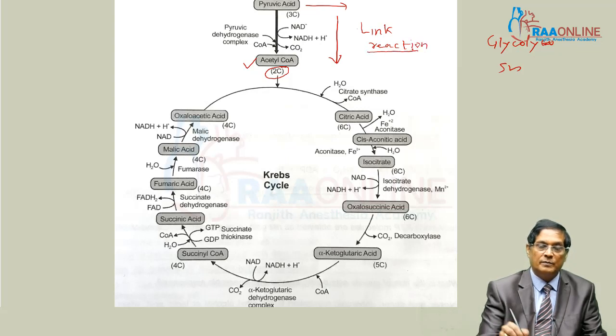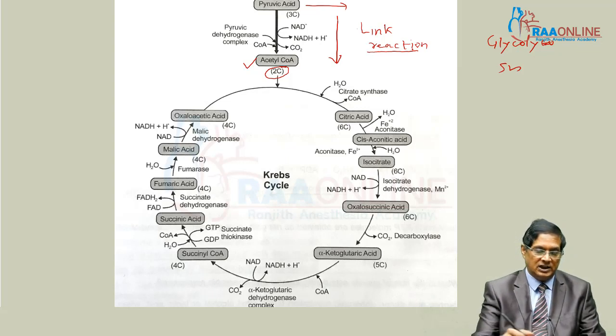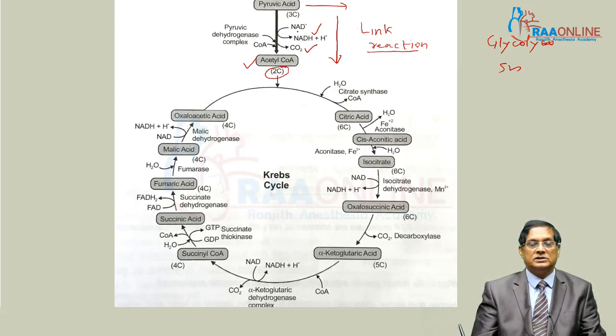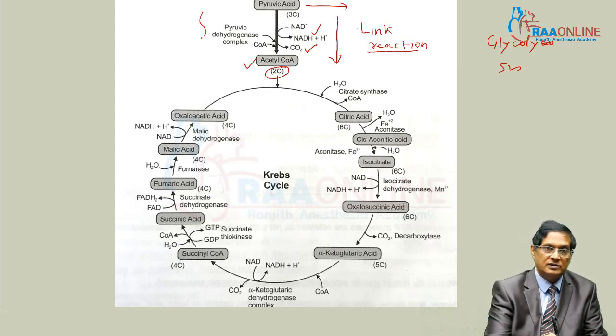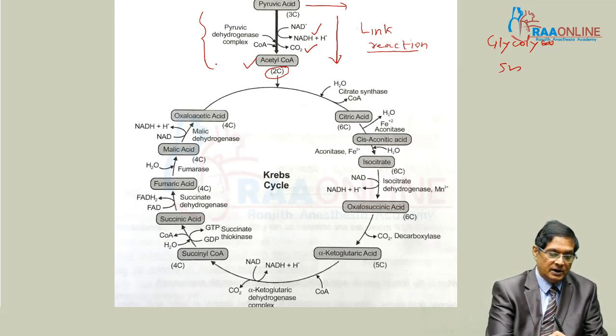And you see, there is oxidation as well as decarboxylation. Oxidation and decarboxylation both take place in the link reaction. So this step results in the formation of acetyl coenzyme and this is the first decarboxylation.